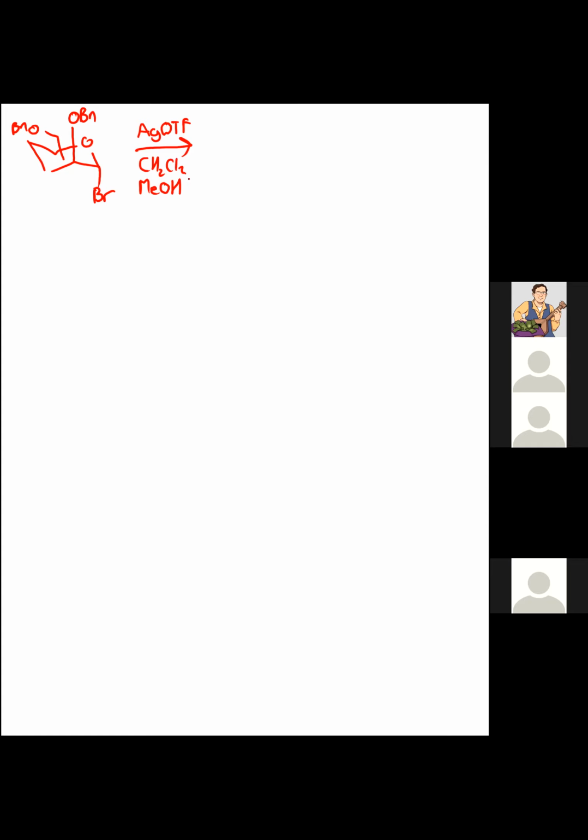Somebody. Would you get mostly alpha again? Yeah, you get almost entirely alpha because you have the anomeric effect, and now you have sterics with this benzyl group blocking the top face as well.